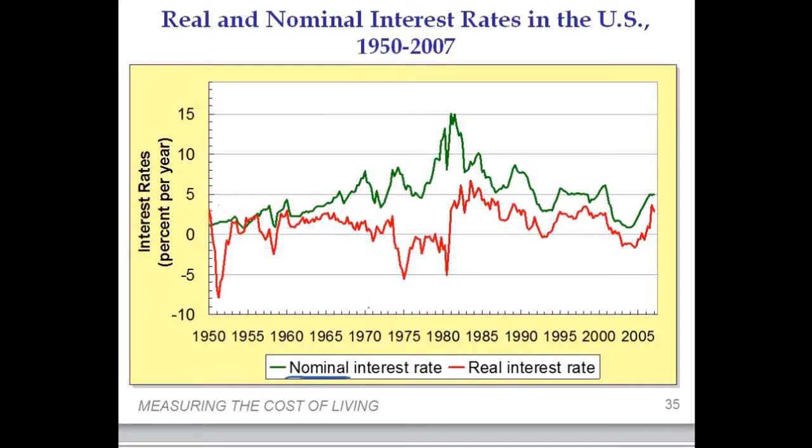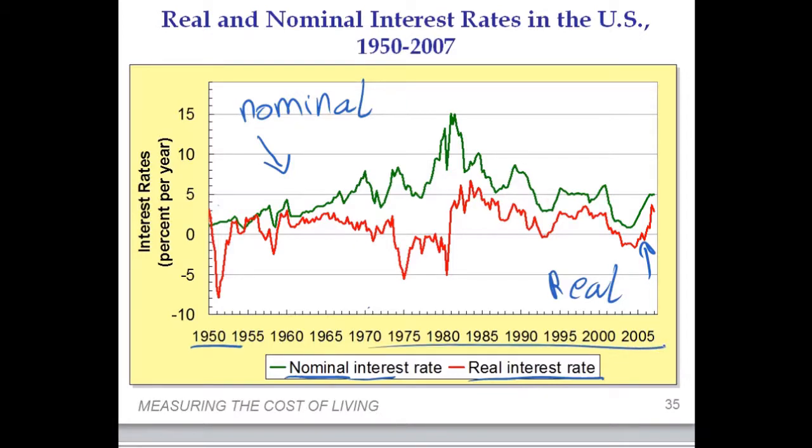Here is a graphic of nominal and real interest rates over the period from 1950 to 2005. You can see that they are related. Furthermore, it's interesting because they have similar patterns.